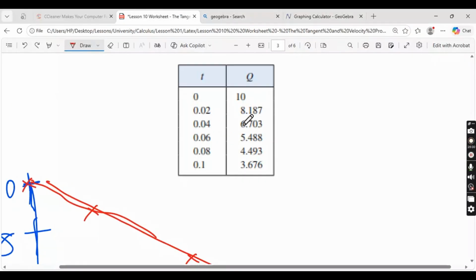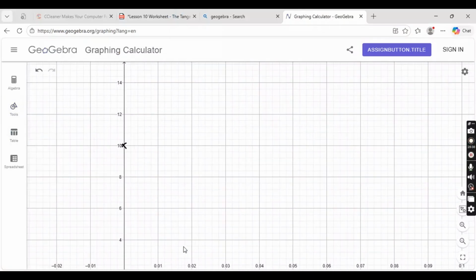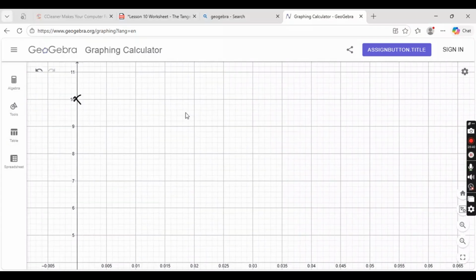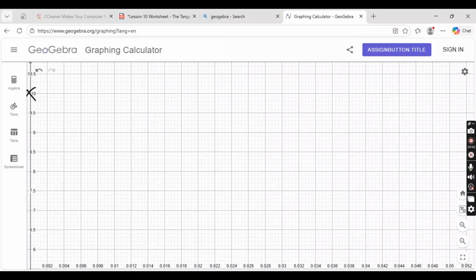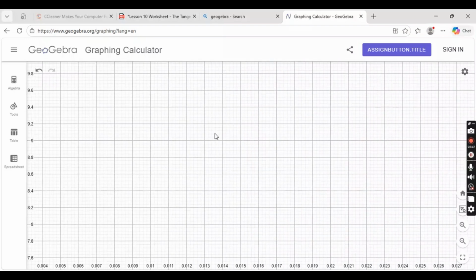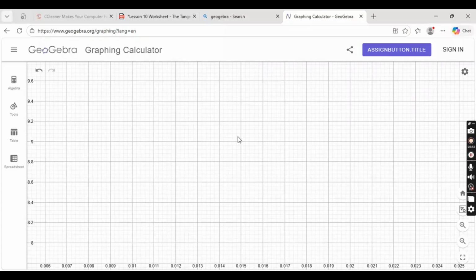0.2 and 8.187. Okay. 0.2. Where's 0.2? 0.2 is here. Let's try and zoom. Let's see. 0.2. 8, we said 8, what?